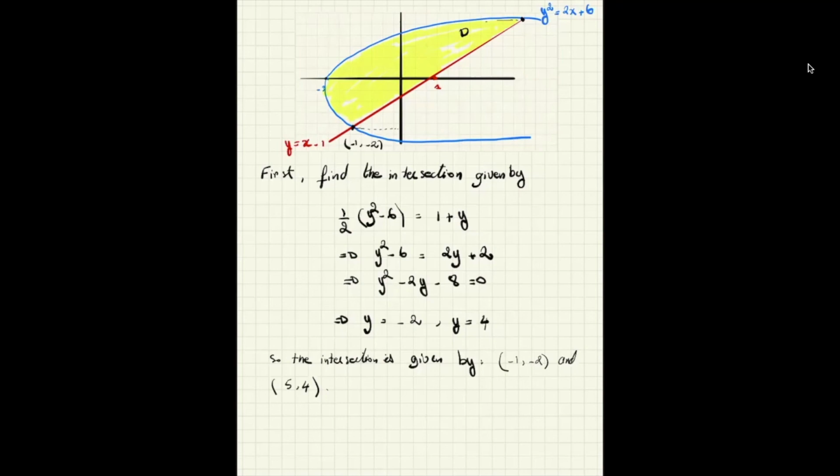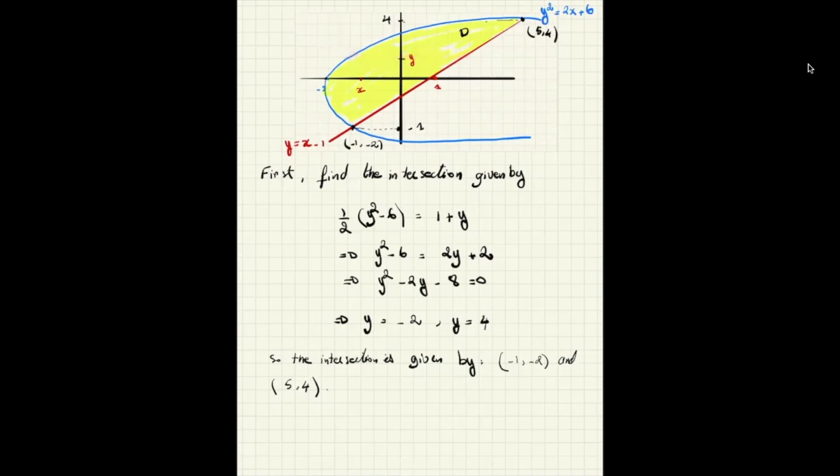The reason is, for some specific y between -1 and 4, x is allowed to vary from the curve given by y squared equal to 2x plus x, to the curve y equal to x minus 1, right?